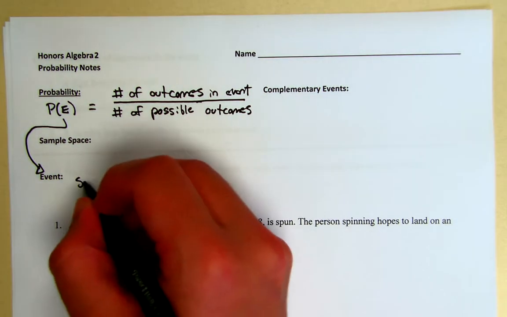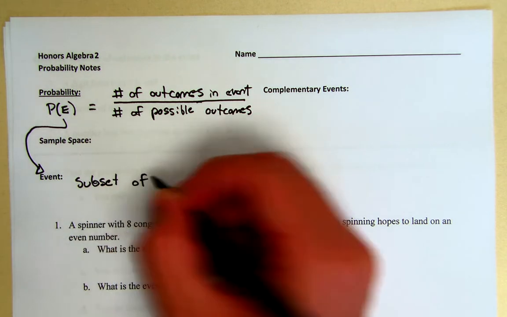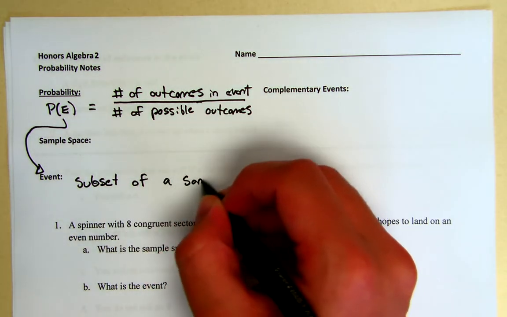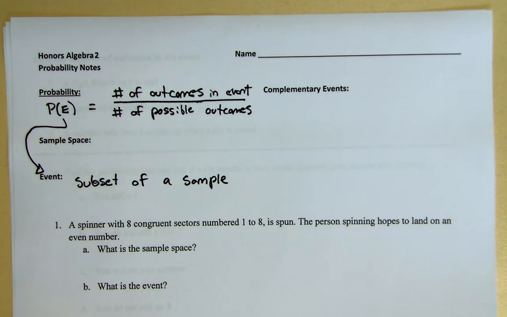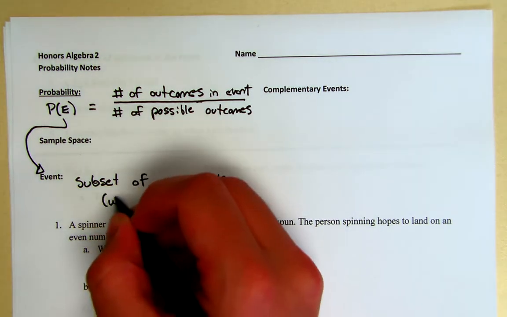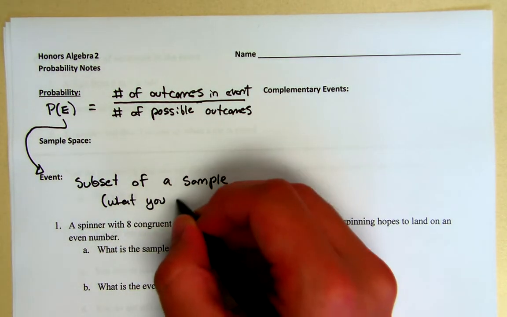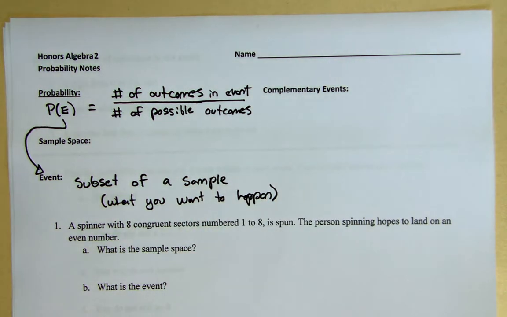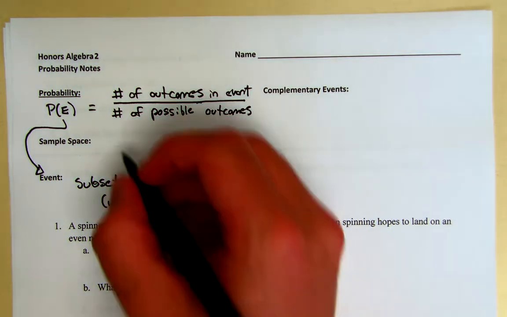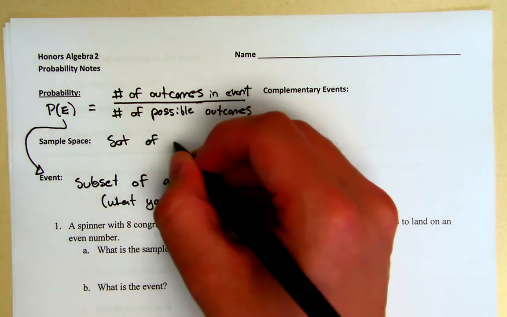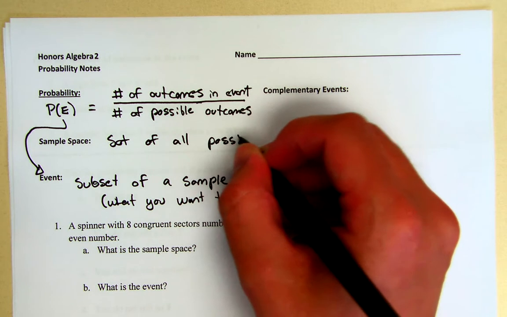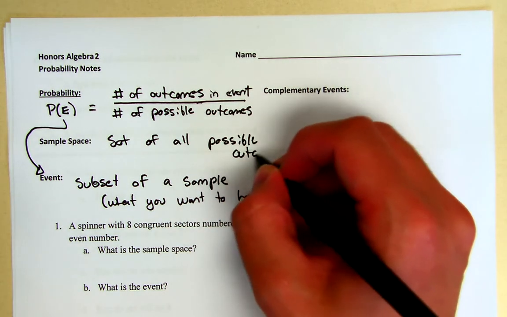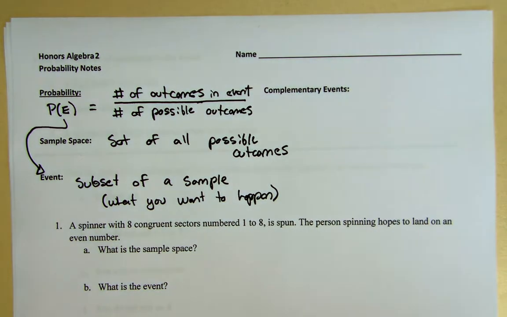An event is a subset of a sample space, or what we want to happen, basically. So the sample space, then, going back, is a set of all possible outcomes. So those are the three things we can use interchangeably to figure out what the probability of something happening is.